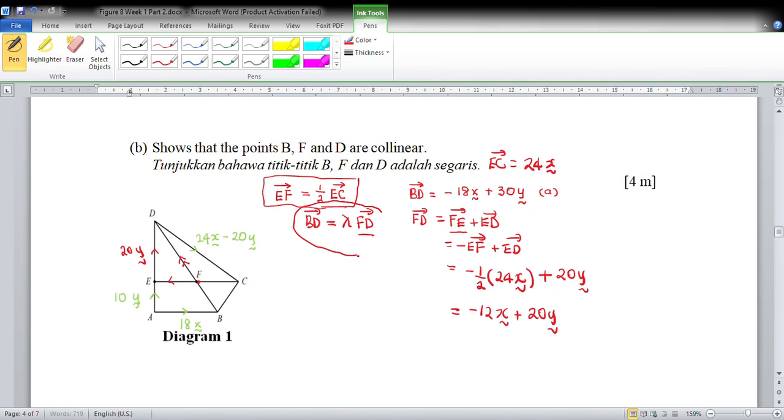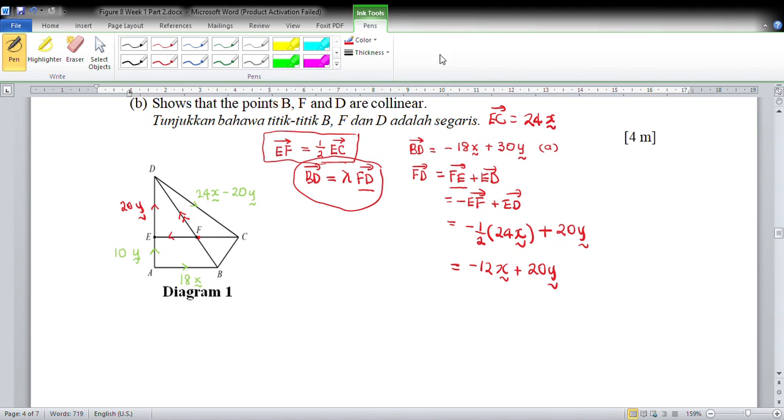Come back here. This is what I want to see, whether I can get a lambda, a constant. How do I do that? I already have BD here and FD here. So I'm going to do BD divided by FD.